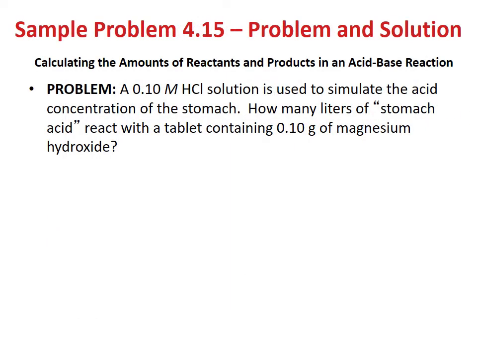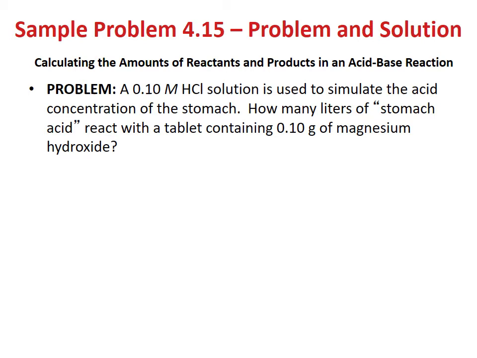Sample problem 4.15. A 0.1 molar hydrochloric acid is used to simulate the acid concentration of the stomach. How many liters of stomach acid react with one tablet containing 0.1 grams of magnesium hydroxide?